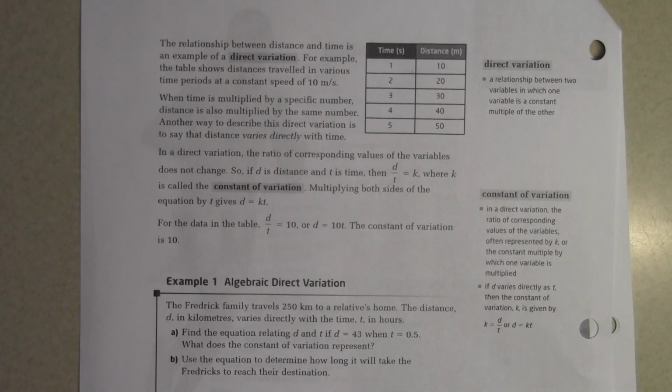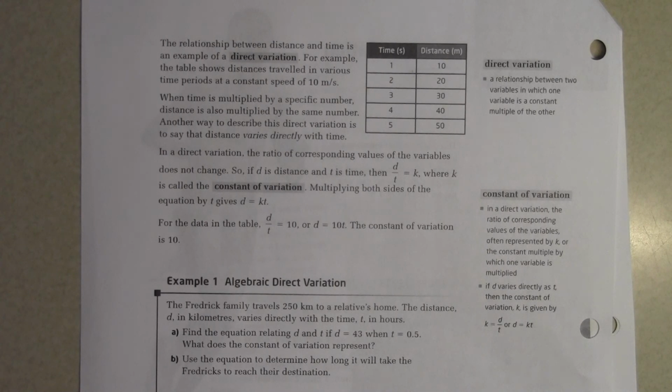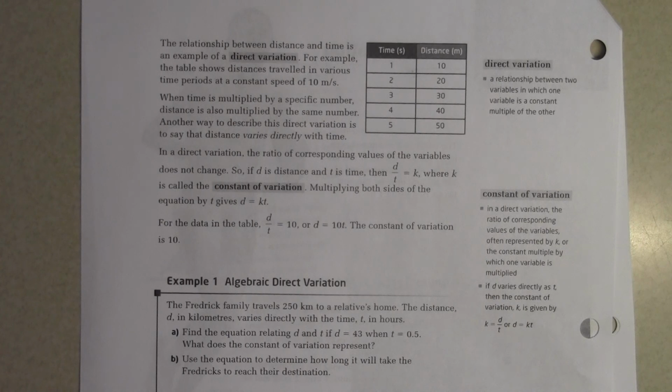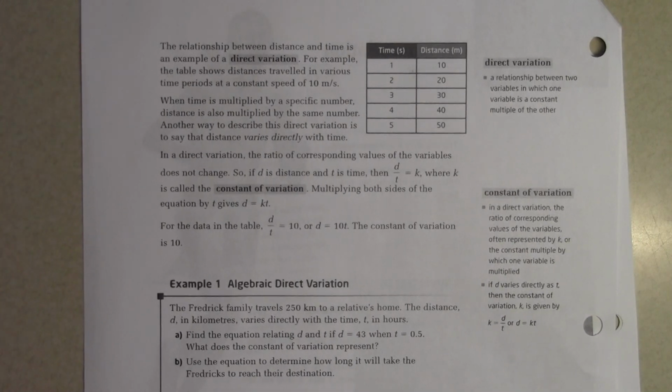The relationship between distance and time is an example of a direct variation. For example, the table shows distances traveled in various time periods at a constant speed of 10 meters a second. When time is multiplied by a specific number, distance is also multiplied by the same number. Another way to describe this direct variation is to say that the distance varies directly with time. In a direct variation, the ratio of corresponding values of the variables does not change.